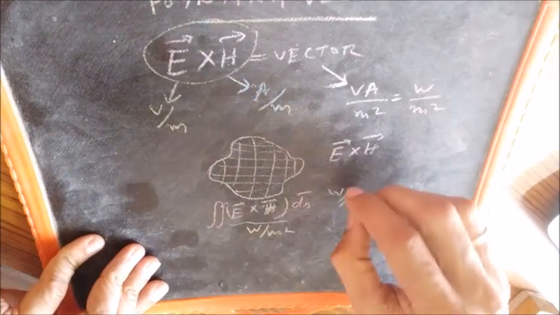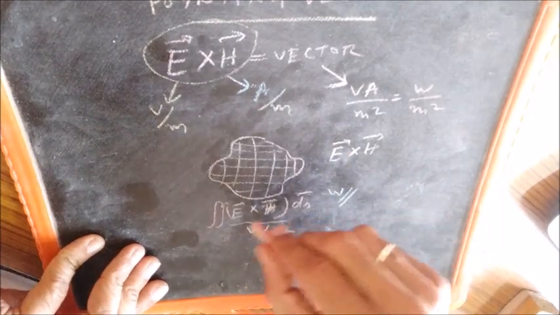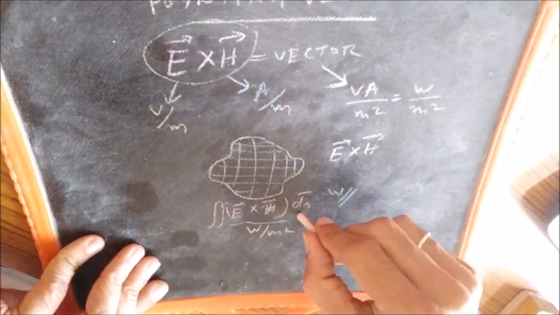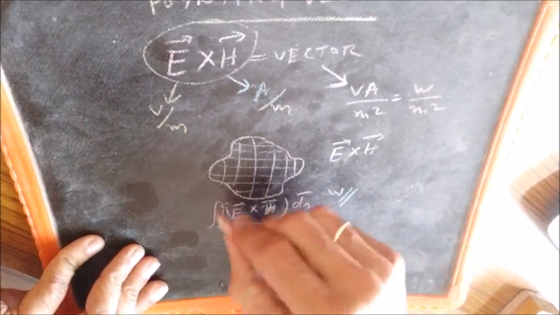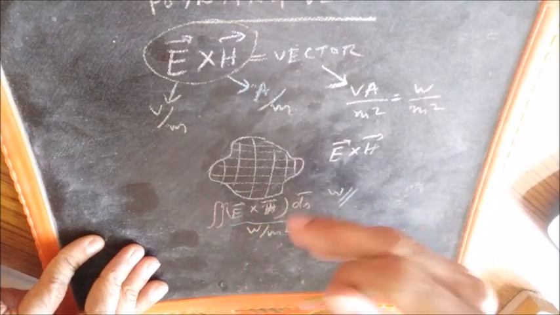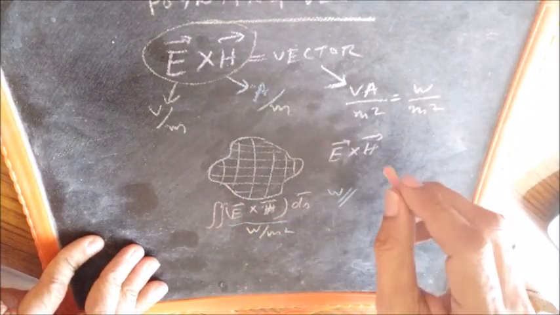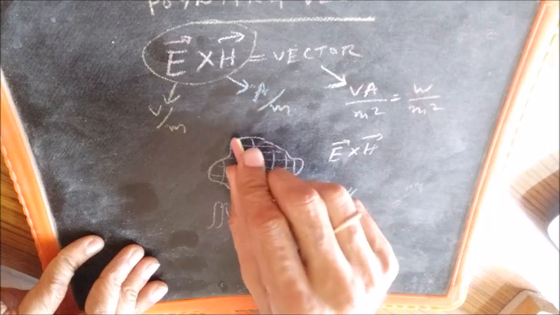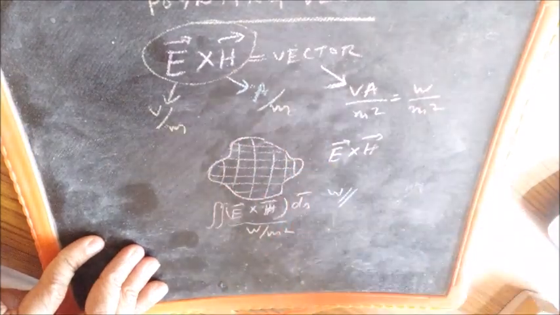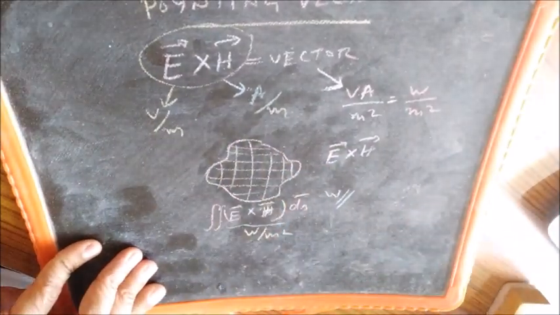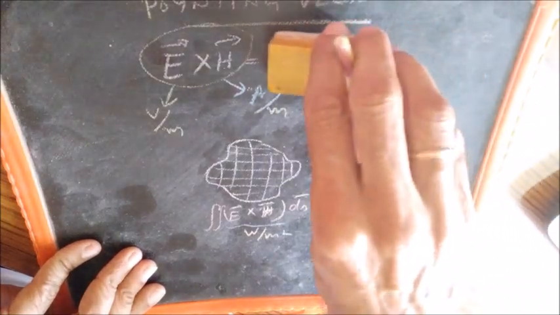What you get when you perform a surface integral of the Poynting vector is the amount of power which is crossing that surface.